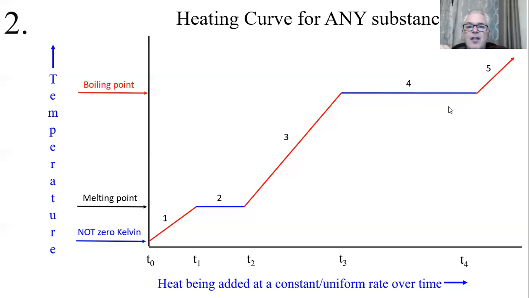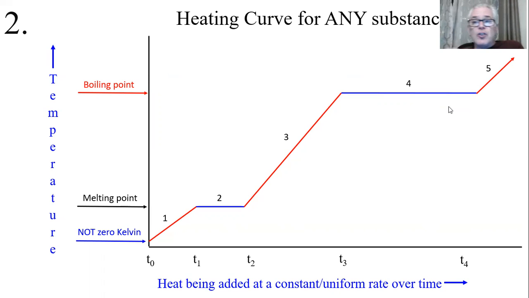Think about this. The solid during the red line, number 1, the solid is vibrating faster and faster, and it's going to get warmer and warmer until it reaches that special temperature called the melting point, where it begins to actually break apart. And at T1, at the blue line, that's where all the energy going in no longer increases the temperature.